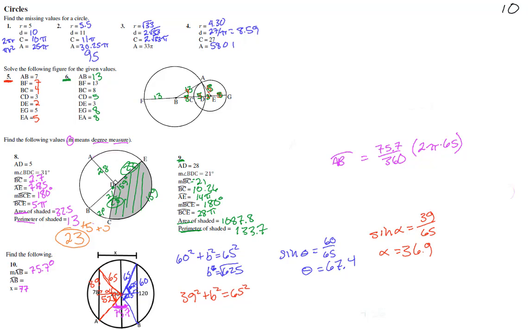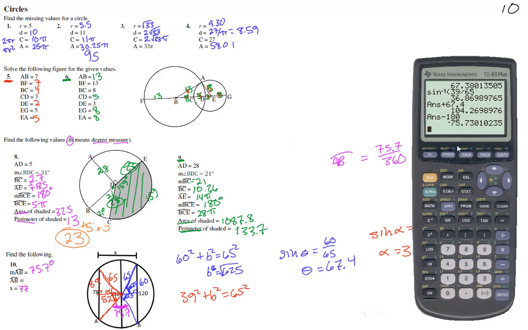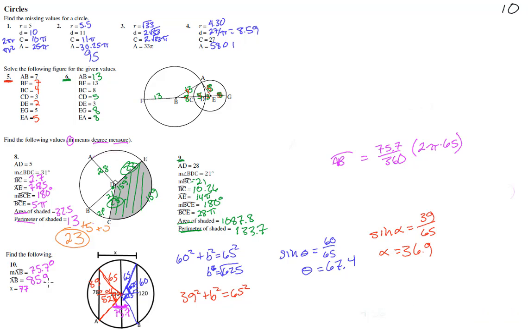All right, let's see if we can stick all that in. 75.7 divided by 360 times 2 times pi times 65. So that will give us 85.88, 85.9 inches or feet, or however they're measuring that circle. All right, good.